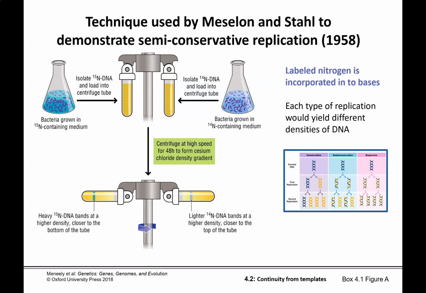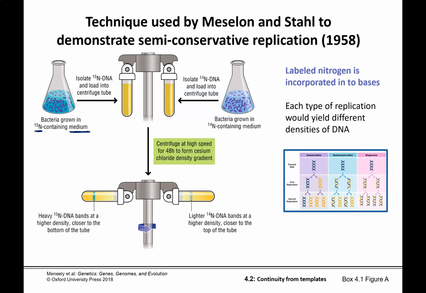And so they started this experiment with bacteria growing in a flask in a nutrient medium or a broth that contains all the nutrients they need. And in this nutrient broth, they added a nitrogen isotope called N15 and allowed the bacteria to grow and incorporate that nitrogen into their DNA.